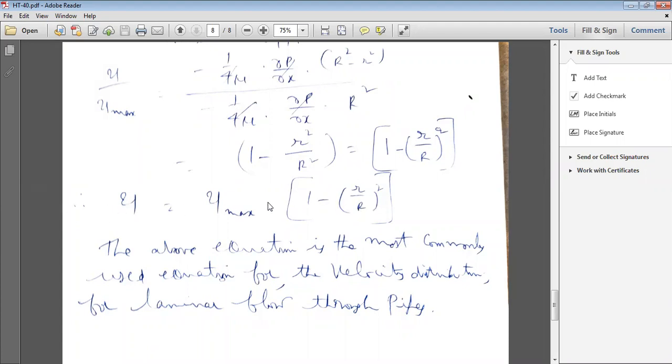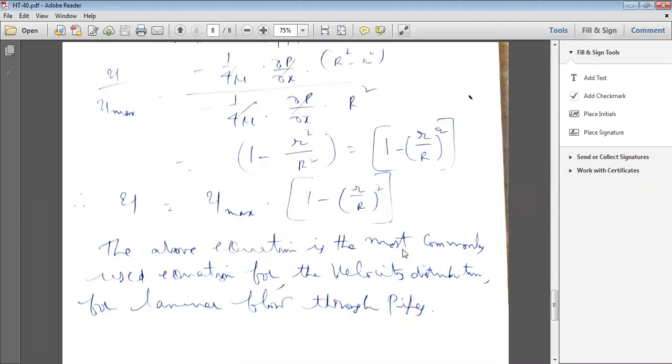So this is the relation between the velocity at any given value of y in the y direction and u max. The relation between u by u max is equal to 1 minus small r square by capital R square. This equation is the most commonly used equation for laminar flow through pipes.